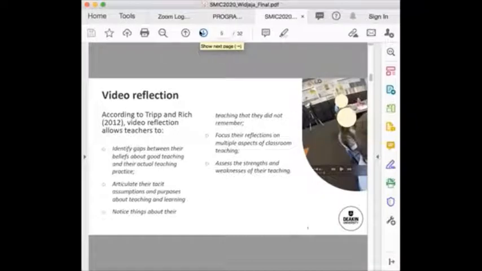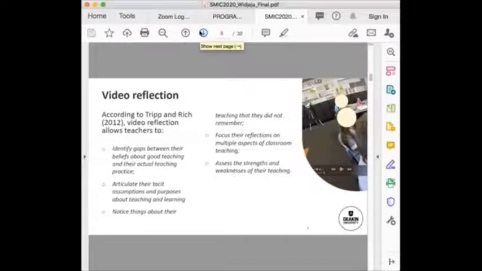I think the first point that they talk about is that by looking or reflecting on the video of their teaching, teachers are able to identify gaps between their beliefs about good teaching and their actual teaching practice, because we know sometimes that the belief doesn't necessarily align very closely to the enacted teaching.